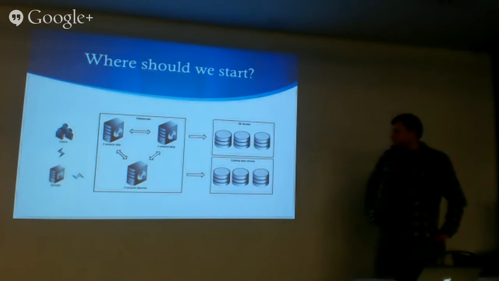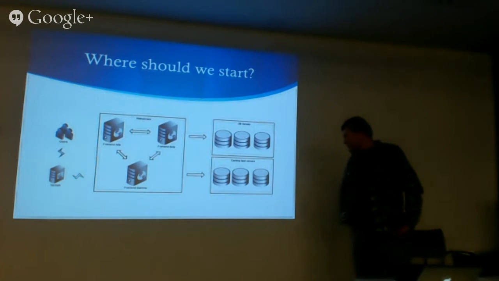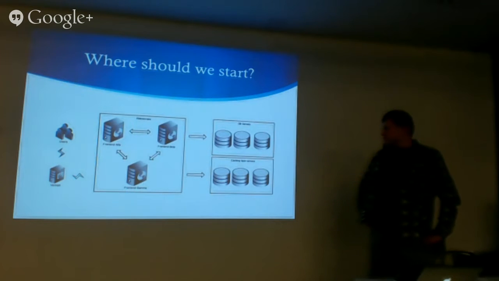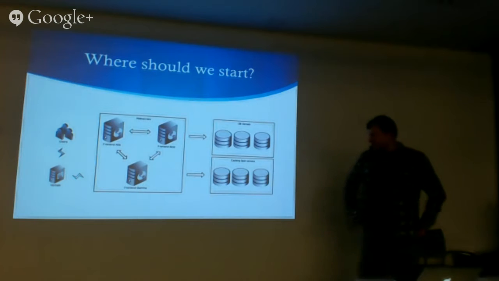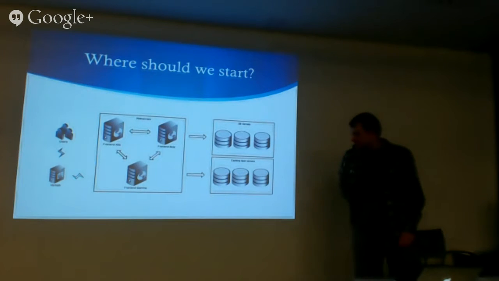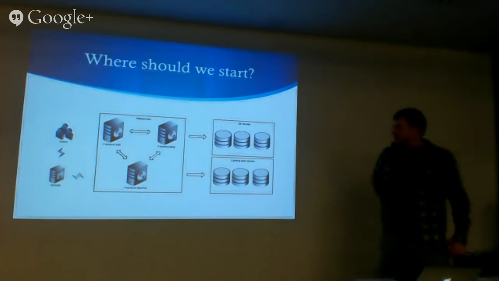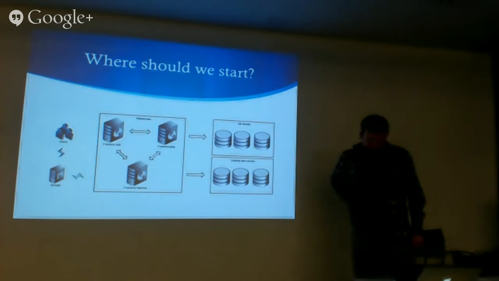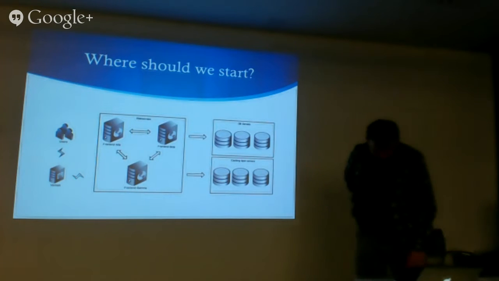So we decided to start with our web servers and Varnish. For this presentation, I would like to focus on web servers, and I will omit how Varnish works because I think that the parts connected with web servers are more interesting and more complicated.